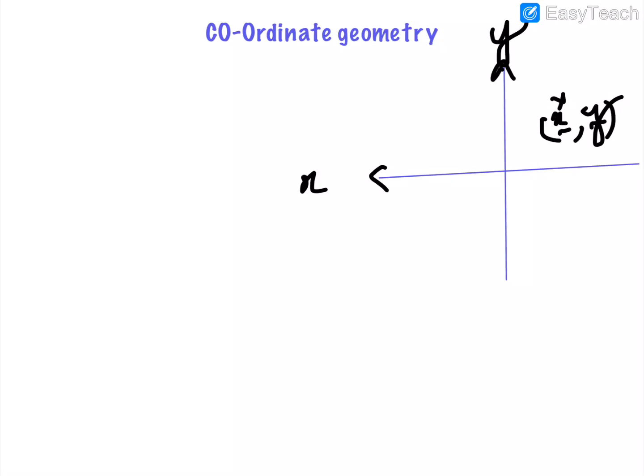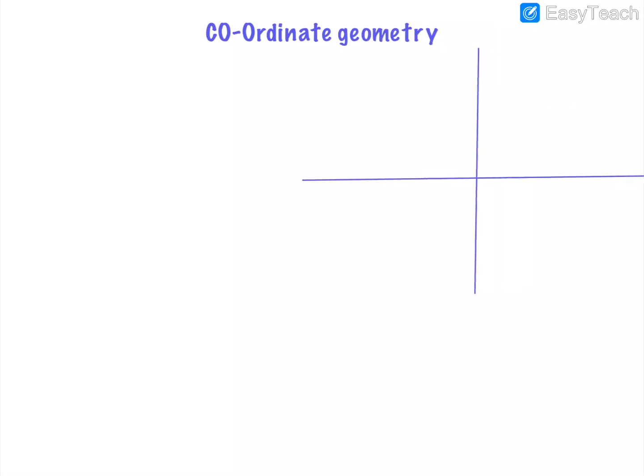That is, this point is called origin and it is represented by 0, 0, meaning x-axis as well as y-axis 0 start from here: 0, 1, 2, 3, 4, minus 1, minus 2, minus 3, minus 4.